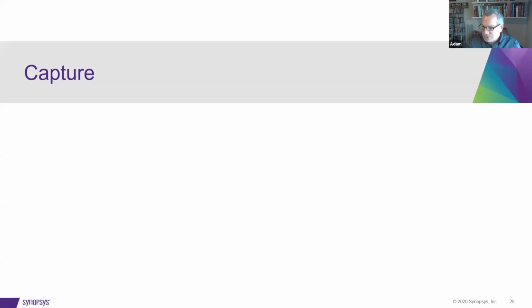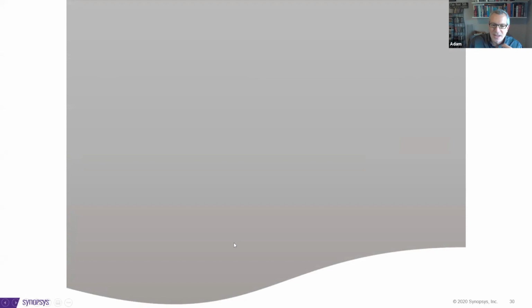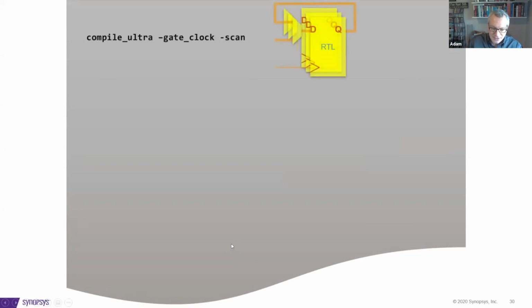So now we're going to go into capture time. So capture happens typically after shift, and a lot of the ATPG methods actually are going to leverage the fact that you've added clock gating into the design. So let's talk a little bit about that.